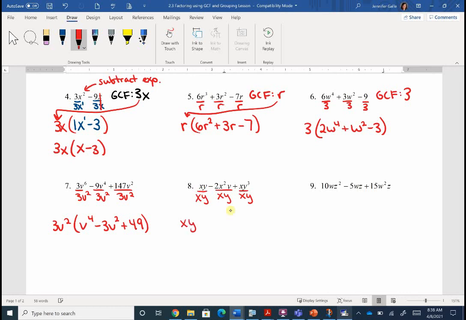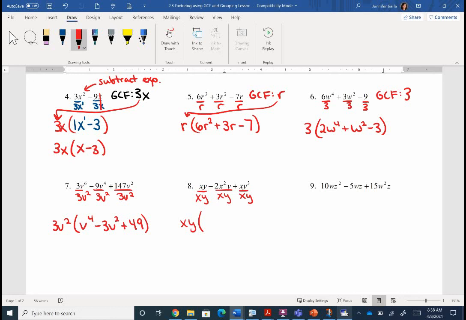Now, here's what some of us are missing in number 8. If you've moved on to number 9, rewind to number 8 for me. As I walked around, I saw the same common mistake on a lot of papers. My first term is xy, and I divide by xy.